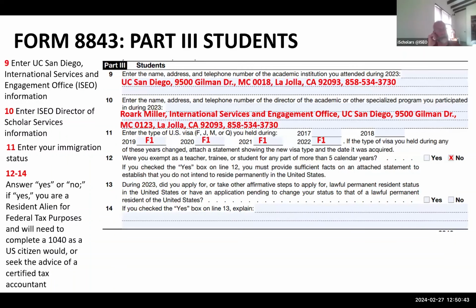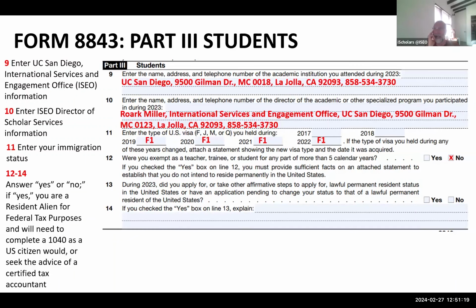So basically, if you go back to part one, where you are supposed to indicate your status, you indicate when you arrived in J2 status, and then this person changed to J1 status. In the next question, it asks your current non-immigrant status, so you would put J1, and you would put the date that you changed status.